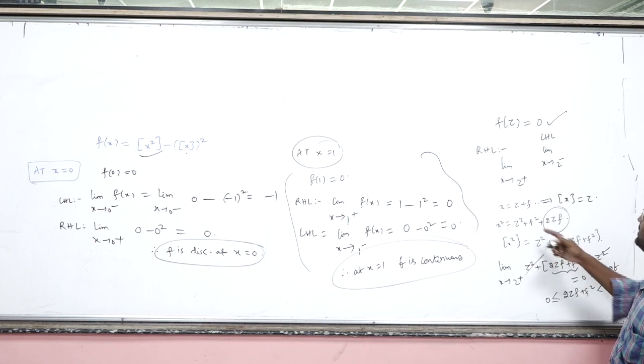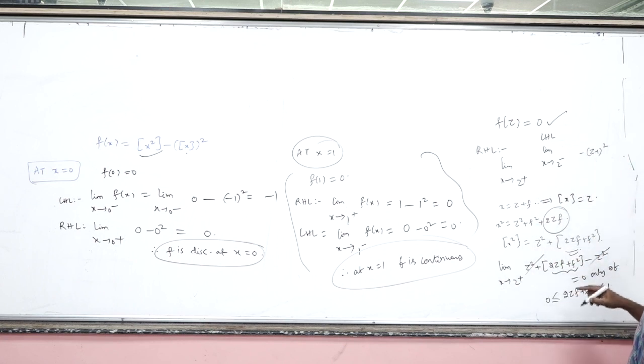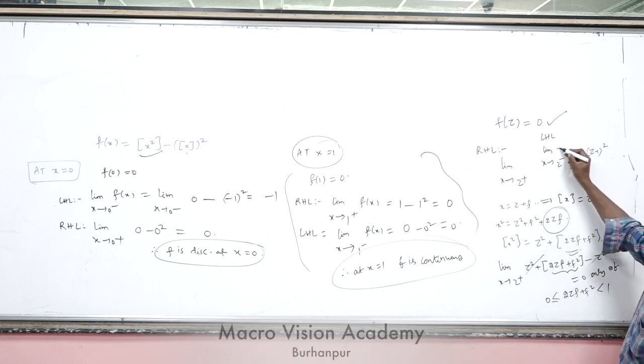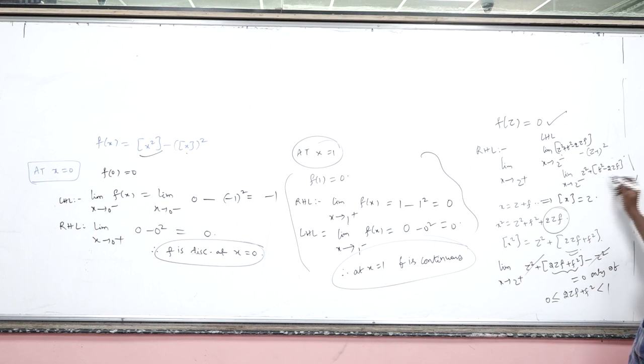Whereas LHL, if you see, at z minus, step x will be z minus 1, whole square, minus step of x square, so instead of plus it will be minus z minus f whole square, so z square plus f square minus 2zf step. So that will become limit x tends to z minus, z square comes out plus f square minus 2zf, okay, minus z square minus 1 plus 2z, so that is like 2z minus 1, so this is going to be z minus 2z minus 1 plus f square minus 2zf.